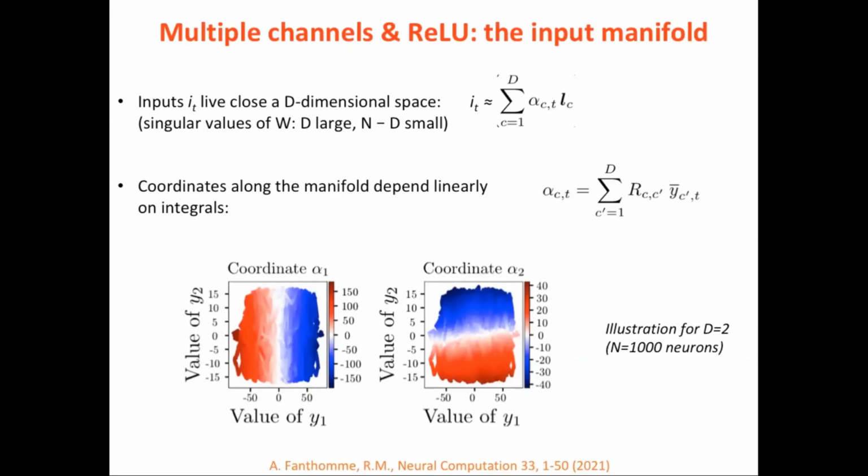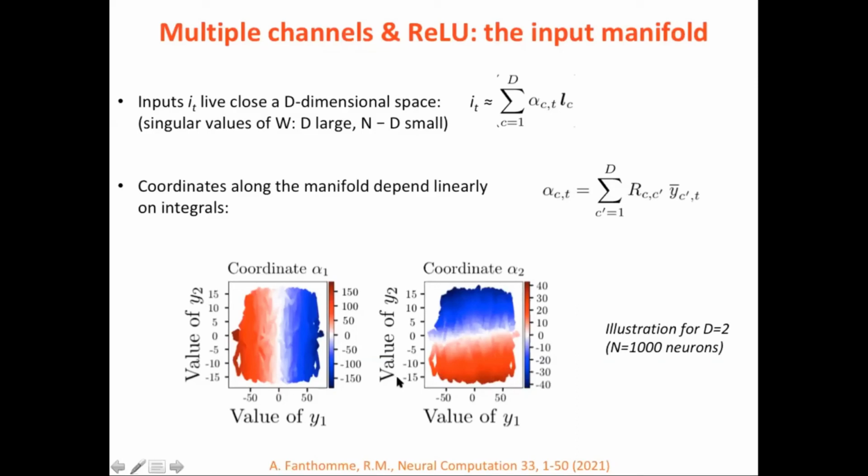What they find is that this linear dependence of the currents onto the 2 or 3 integrals, or the d integrals we want to compute, is still maintained to a very good approximation, and this is the outcome of numerical experiments. But now each neuron, when you look at its activity over time, depends in a non-trivial way on the 2 integrals.